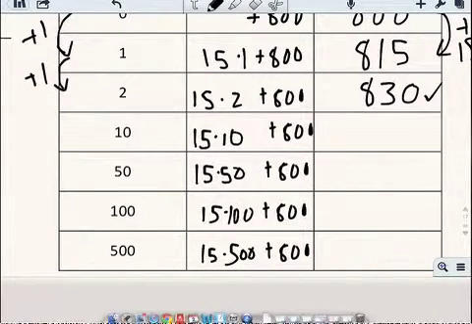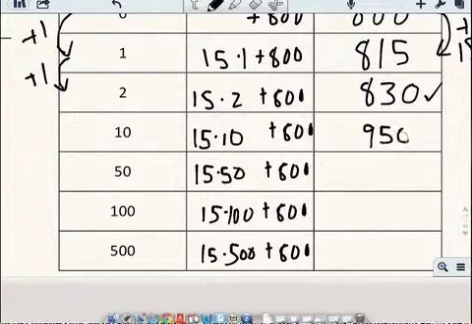All right, so I'm going to grab my calculator here. I'll do some of it with mental math. 15 times 10 is 150, plus 800 is 950. Okay, 15 times 50.